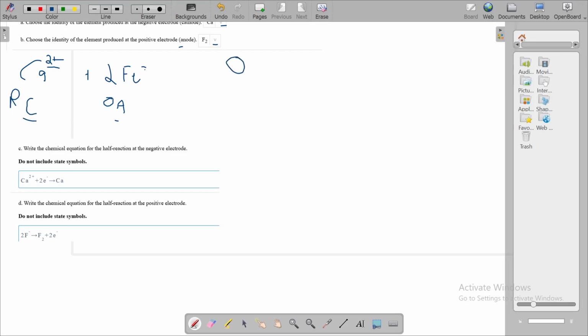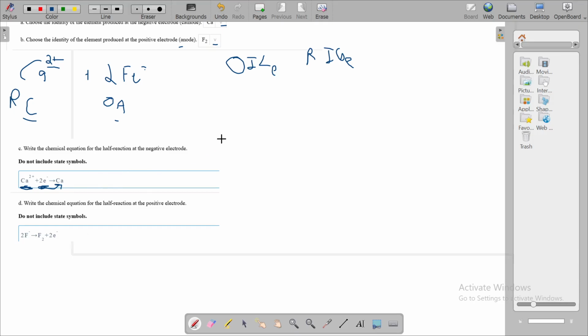I think we all know about the oil rig, which is oxidation is loss of electrons, reduction is gain of electrons. So if it's going to gain electrons, that means the Ca2+ is the one that's going to gain the two electrons, forming the solid calcium, right? Okay, so that's how I think of it. So that's for part C.